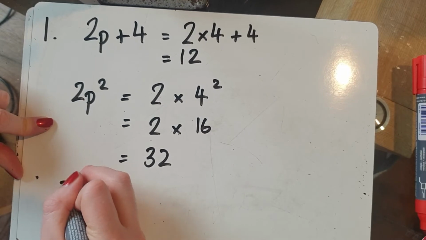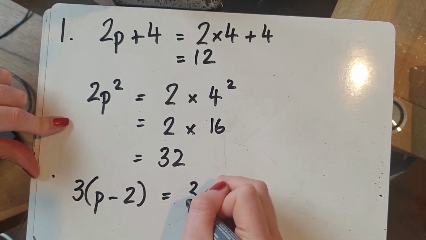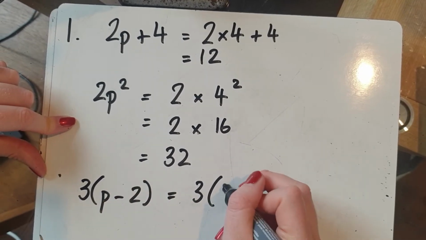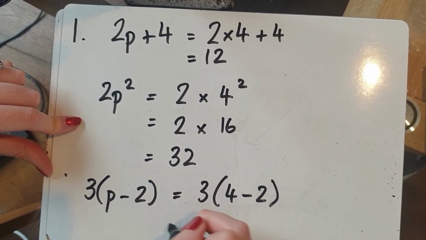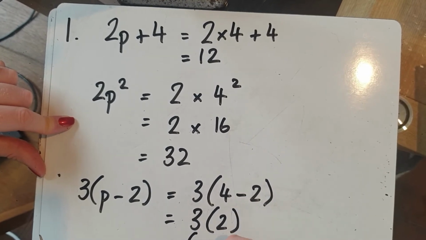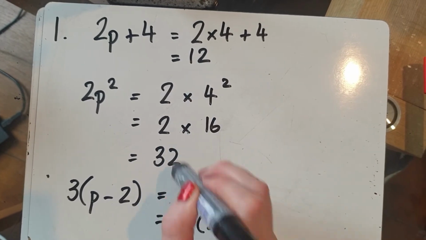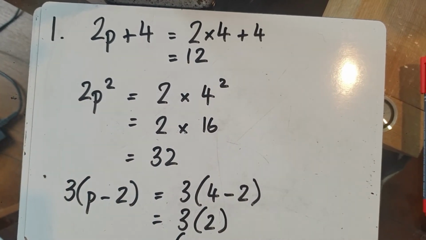Last one on the top row is 3 into p minus 2. I replace p with 4, which is 3 times 2, which is 6. So your first 3 answers are 12, 32 and 6.